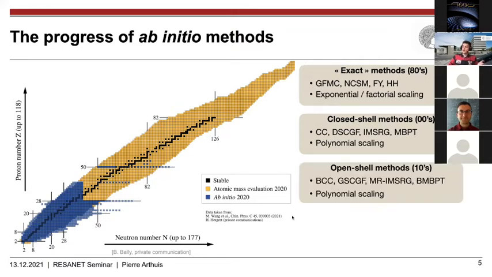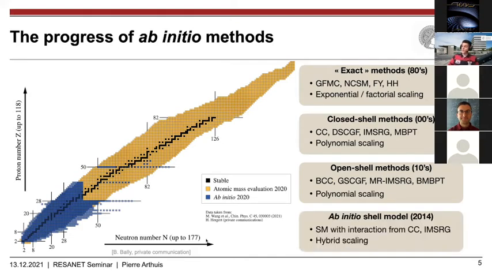And the big game changer happened during the past 10 years with the extension of those previous methods to open shell nuclei with Bogoliubov coupled cluster, Gorkov self-consistent Green's function, multi-reference in-medium SRG, and Bogoliubov MBPT. Once again, you have a polynomial scaling, and now you're basically able to do singly open shell chains.